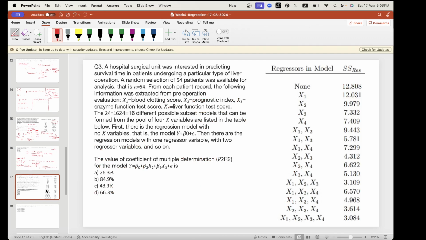A hospital surgical unit was interested in predicting survival times in patients undergoing a particular type of liver operation. A random selection of 54 patients, so n equal to 54, was available.